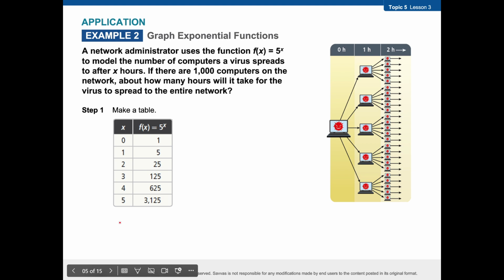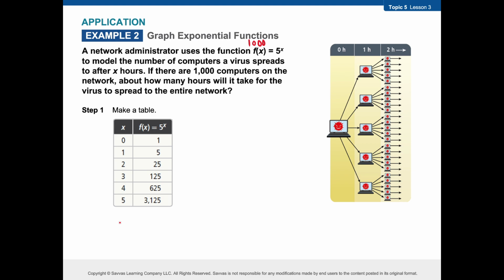Right here, a network administrator uses the function f of x equals 5 to the x power to model the number of computers a virus spreads to after x hours. If there are 1,000 computers on the network, about how many hours would it take for the virus to spread to the entire network? So here you have a table, and you're trying to find out at what value for x your f of x would equal 1,000.